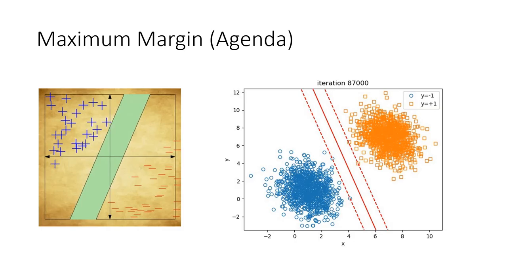What is maximum margin? Let us understand this with a simple example. Suppose we have two types of customers. Blue points generally represent customers who are not interested in a product, and orange points represent customers who are interested in the product.